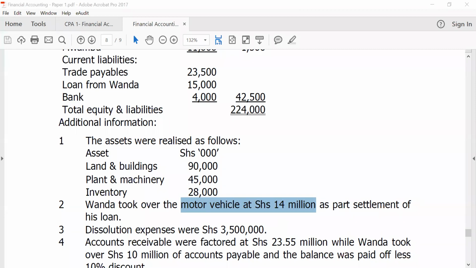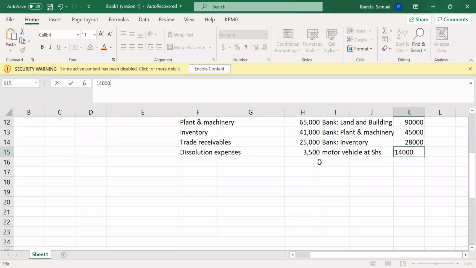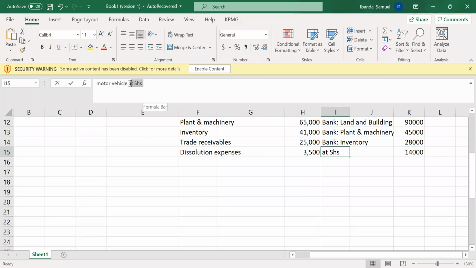So you just come here. It is 14 million. So I'll do 14,000. And I will say motor vehicle taken over, taken by Wanda. So that is what we basically do.